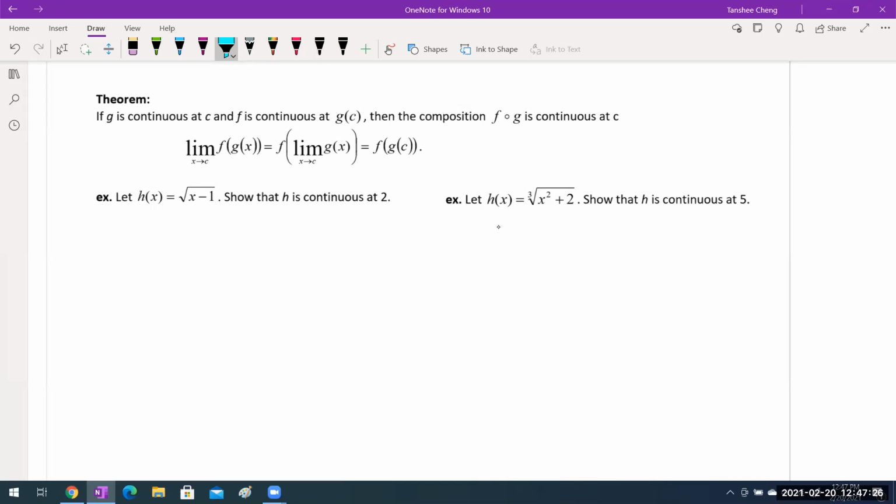To prove this kind of situation, for the first example, let g of x be equal to x minus 1. So g is continuous at 2 because g is a polynomial function.